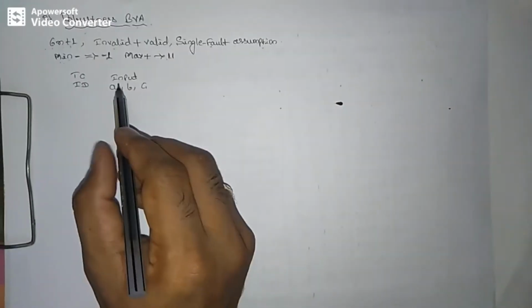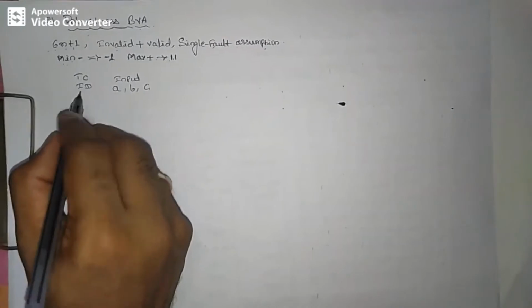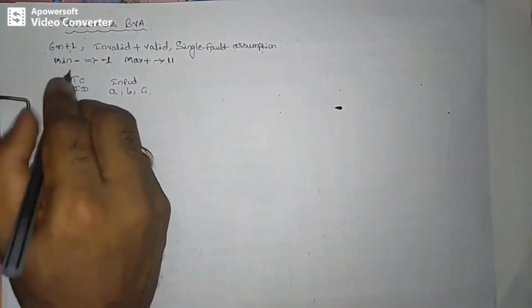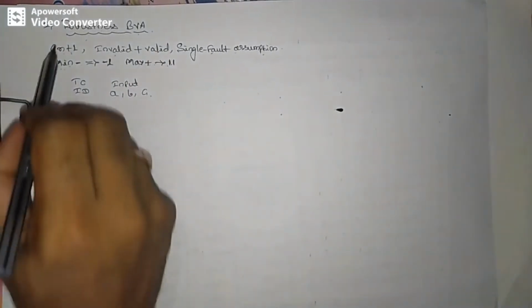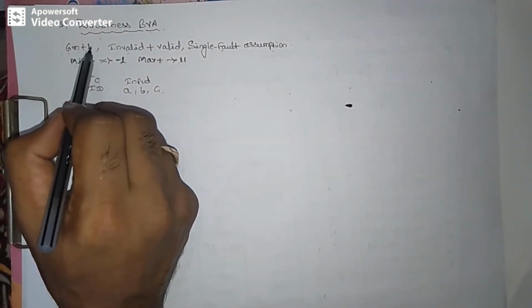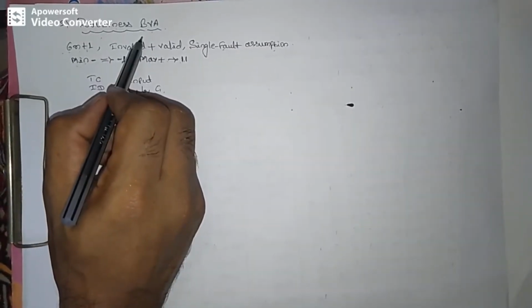Seeing the previous example, I will write the test cases here. The test case ID and the three inputs are there. How many test cases are we generating? 6n plus 1, that is 6 into 3 plus 1, a total of 19 test cases under the robustness boundary value analysis method.